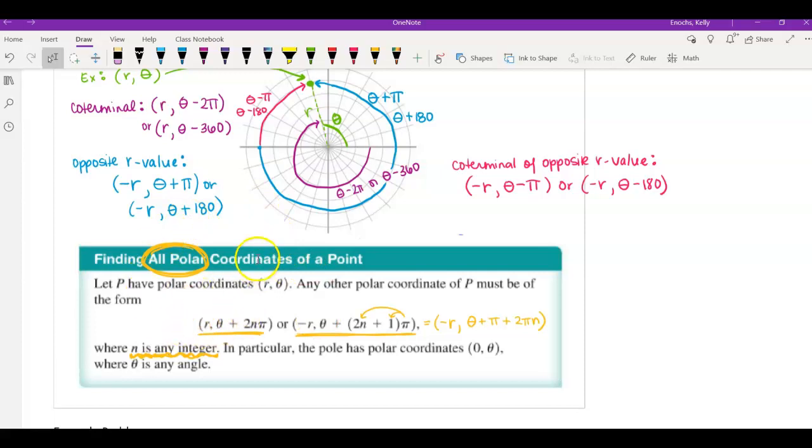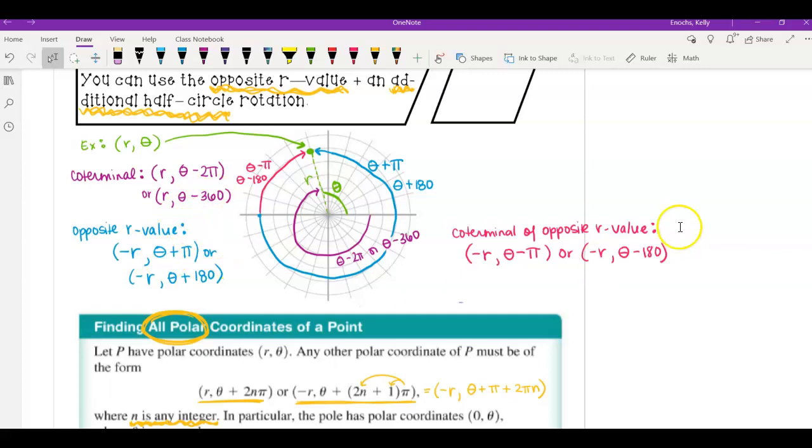One of the other things you can write, just like writing all of these coterminals and opposite r values, is to give all the polar coordinates. So this would be 3 specific up here, or 4 specific if you counted the original. But to find any polar coordinate, remember you can go infinitely many times around the circle.